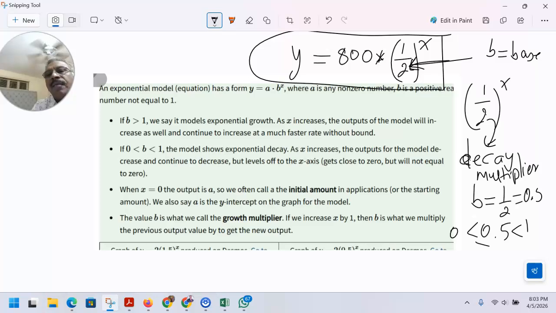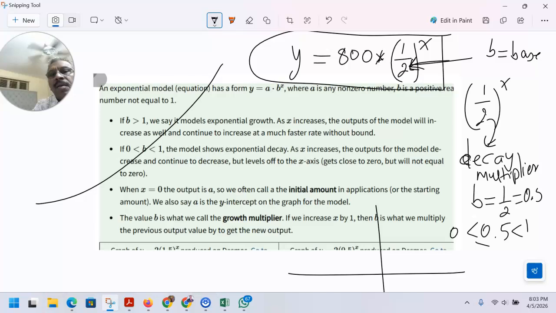That's why when you graph this, the graph starts at 800 somewhere here, and then goes down, decreasing, decaying. So it comes very close to the x-axis.